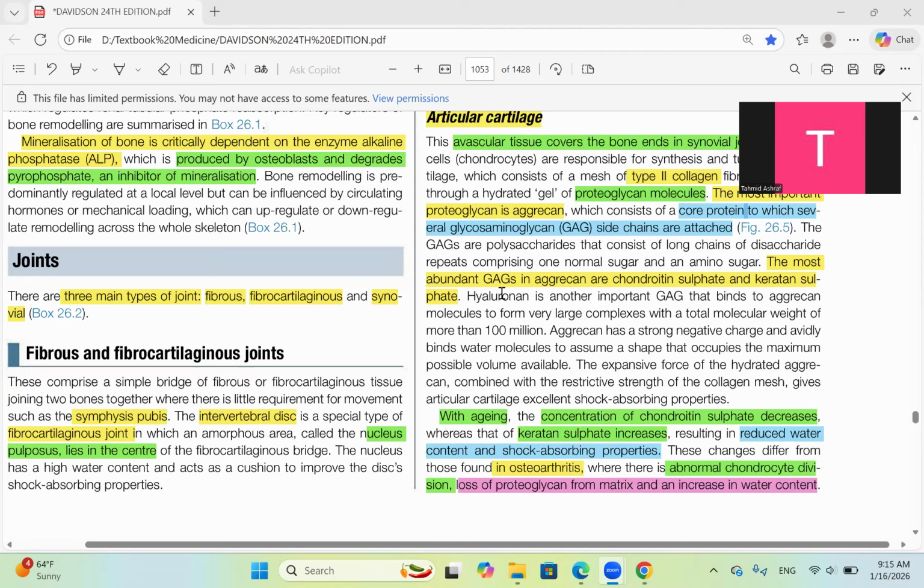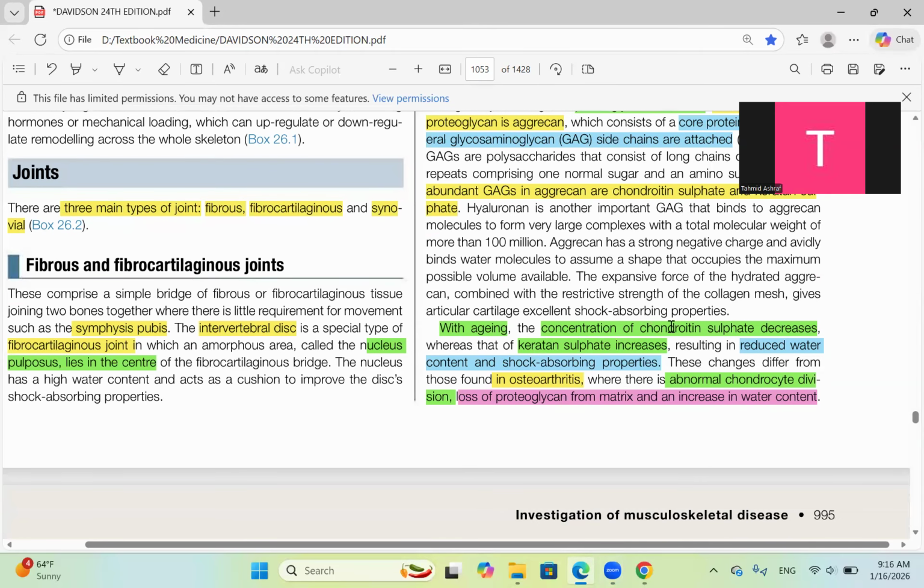One is the sulfates, chondroitin sulfate and keratan sulfate, attached to the core protein, and another is hyaluronan. Aggrecan has a strong negative charge. This is not important. Then these lines that I have highlighted already.